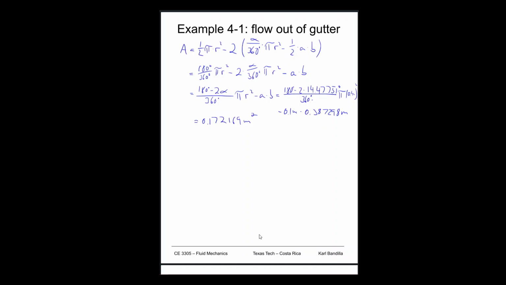Now, if we do a cross section through our pipe there, the outflow is horizontal, and everything is at an angle. We know this is 30 degrees.